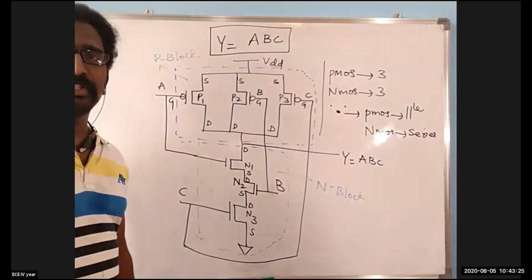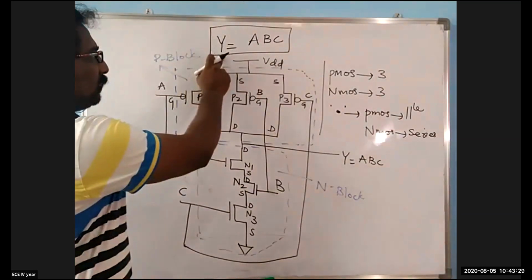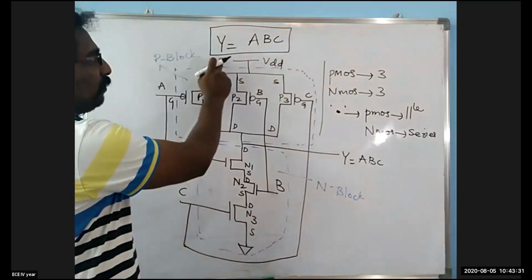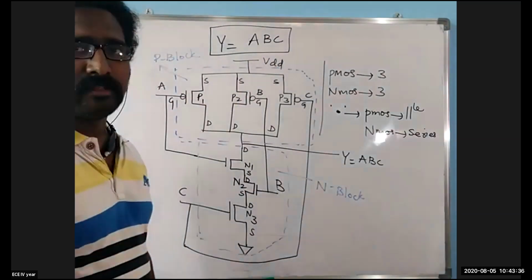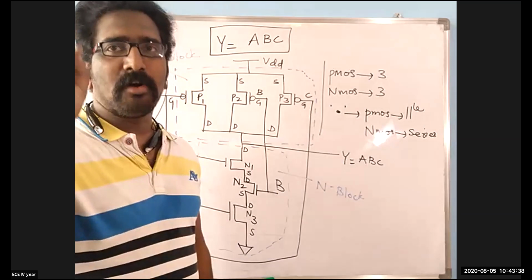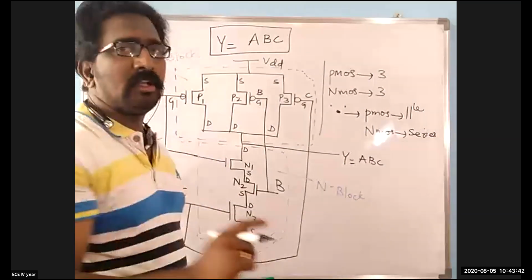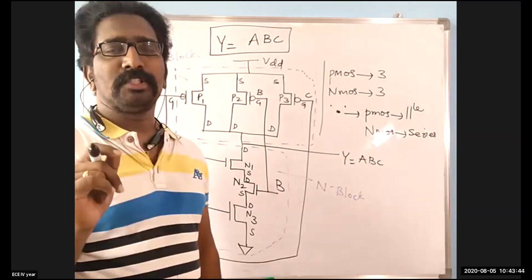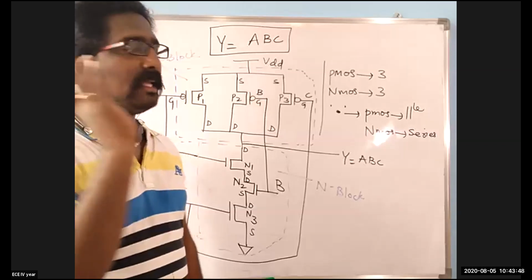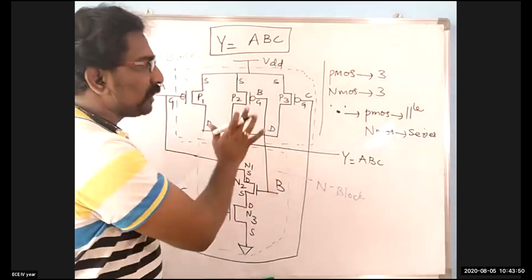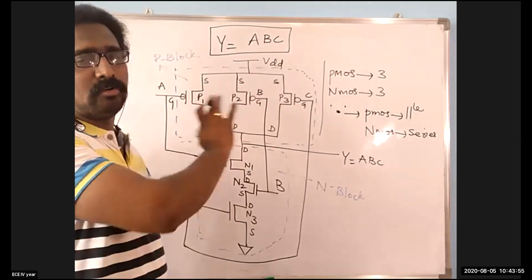Remember, if they give you the expression without any negation, any bar on the top of the LHS side or RHS side, it means that after drawing the entire structure, a CMOS inverter is required at the output. If you don't connect the CMOS inverter, then the realization of the circuit will be completely complementary to whatever you've drawn.